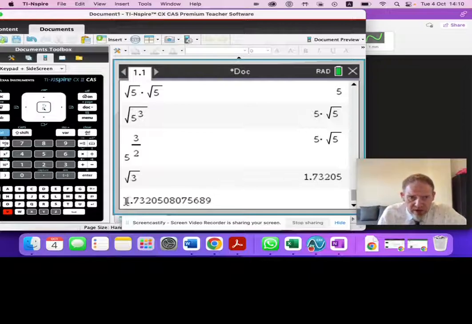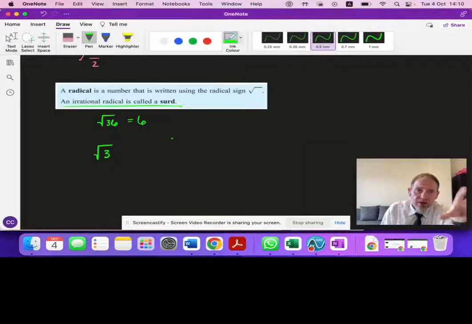I've just asked my computer to write it again, and you notice it rounded after this 5. There's still more, and it'll keep going. It is just like pi. It won't terminate. It won't start repeating itself. It's irrational. So that is what a surd is. It's an irrational radical number. And basically, if it isn't a perfect square underneath the radical, it's a surd.